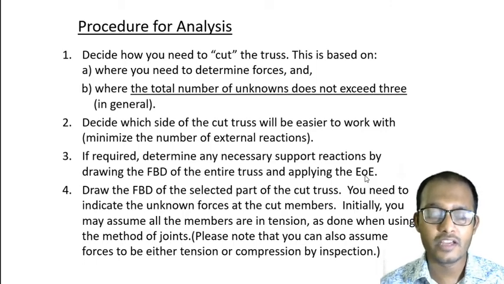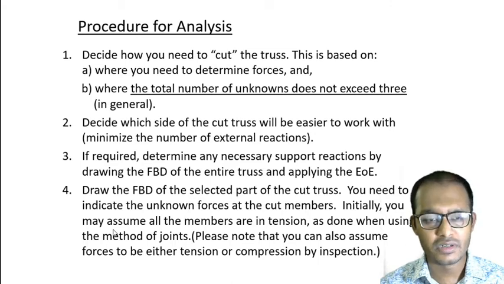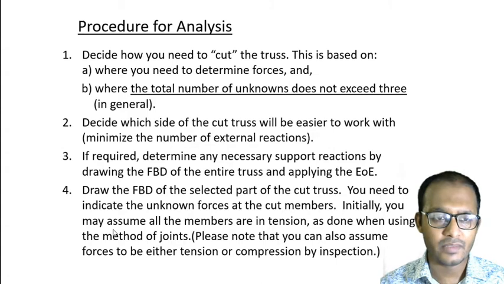So again, here we also repeat the same thing. Now draw the free body diagram, that is the FBD, of the selected part of the cut truss. Then you need to indicate the unknown forces at the cut members. Initially, you may assume all the members are in tension, as done when using the method of joints. Actually, when you make the sections, you can assume all the members are in tension.